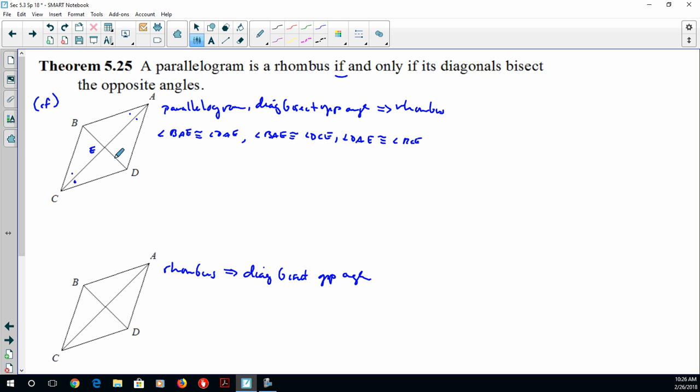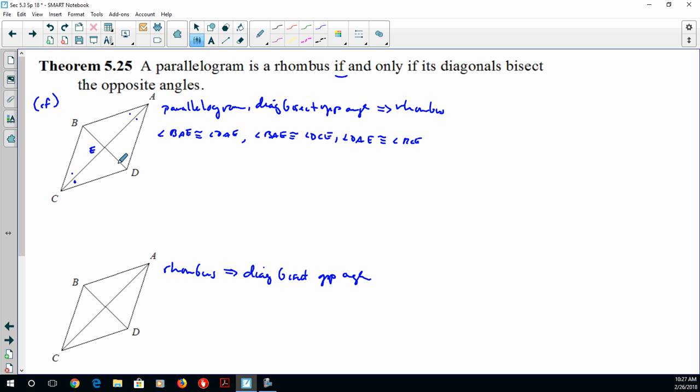This is theorem 5. And we know if I have parallel lines cut by a transversal here that, and the diagonals bisect, so that angle and that angle are the same.